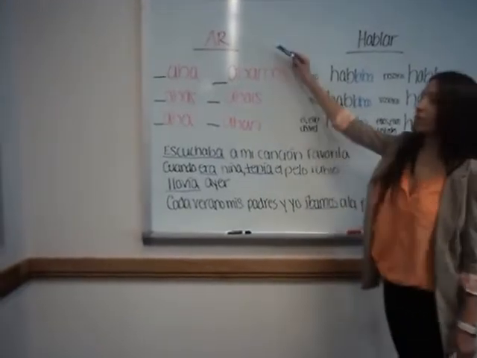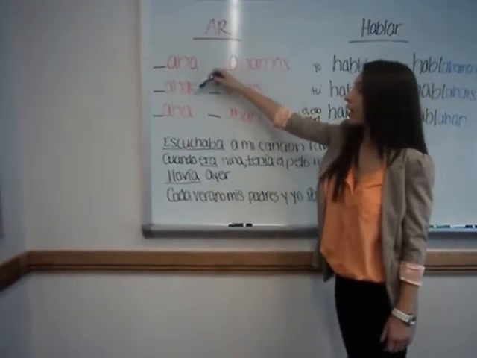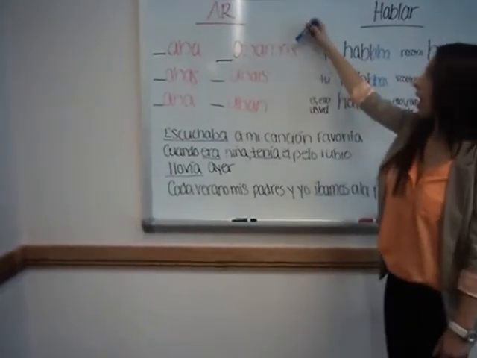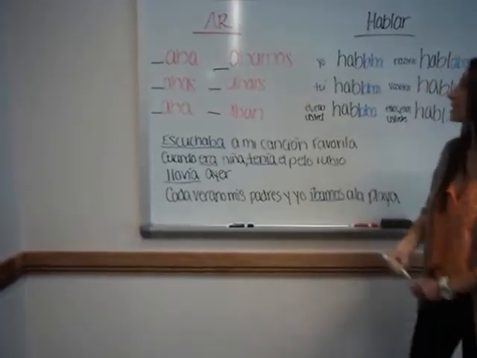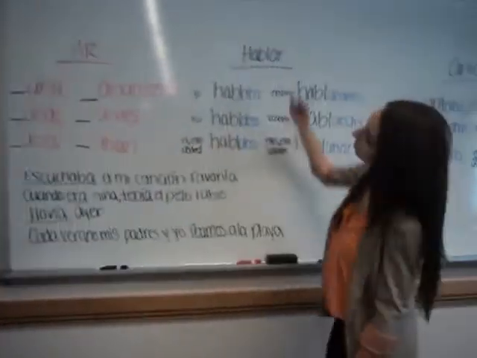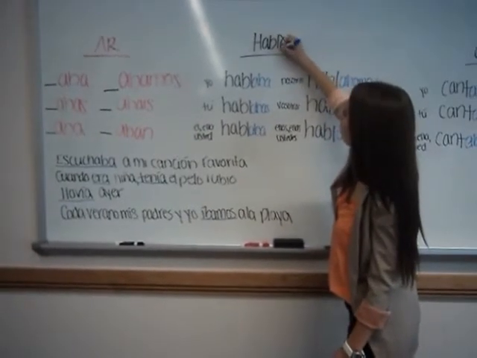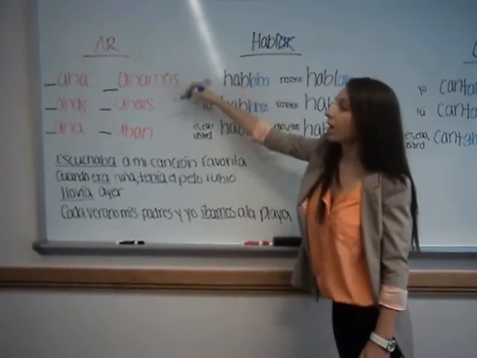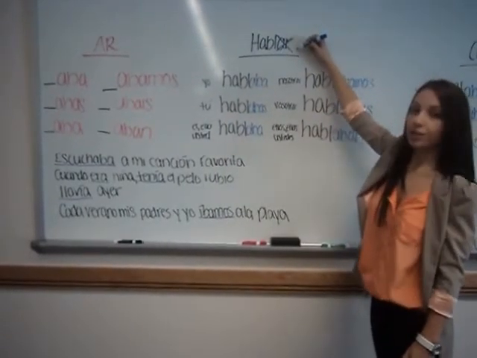So, first let's start with the AR endings. They are aba, abas, aba, ábamos, abais, y aban. Now we'll do an example. Remember, just like the preterite, to do the imperfect, we take off this ending and add one of the endings that we've learned. Our verb, again, is hablar, which means to talk or to speak.